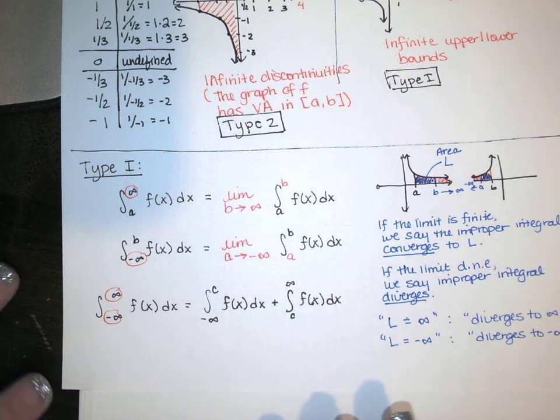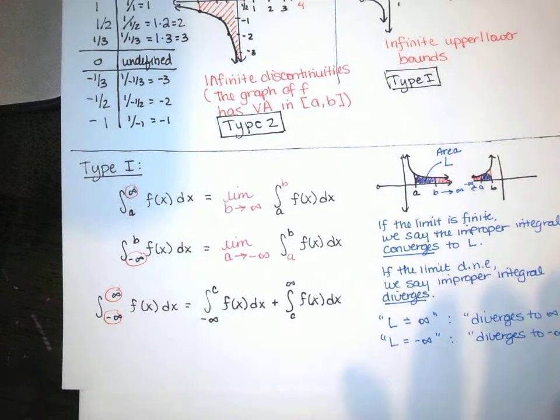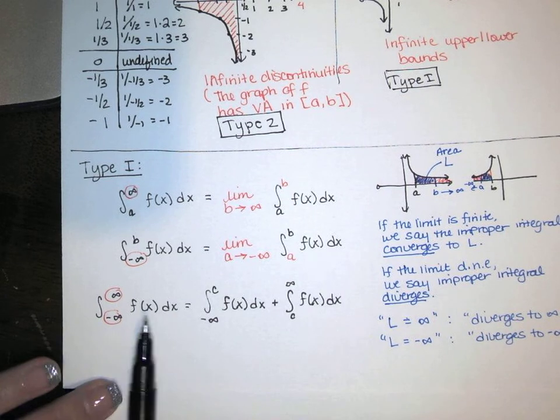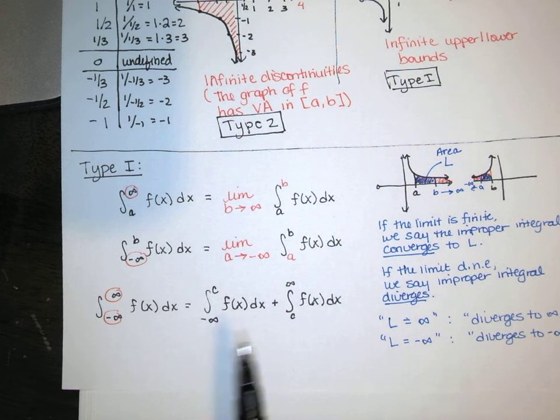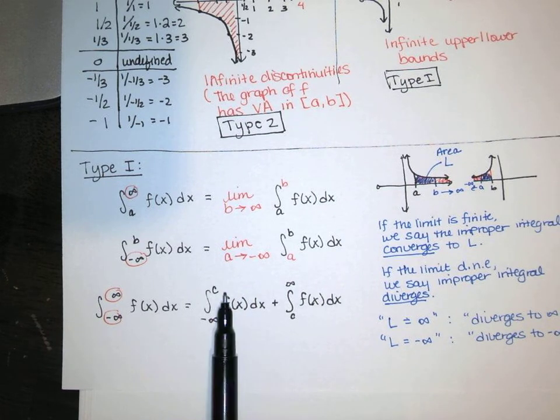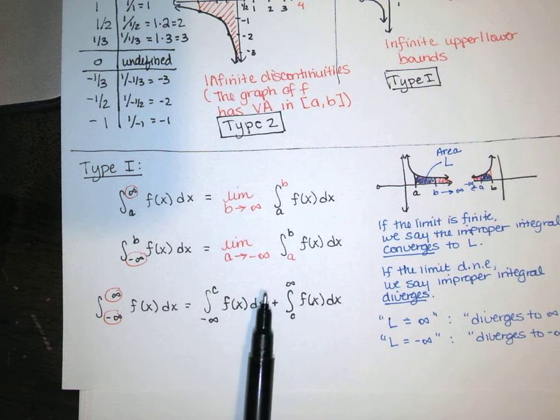Not in this class. There is something, a special value, the principal value of an integral, that they talk about in physics, where they let the negative infinity and the positive infinity cancel out. But mathematicians don't like that. They say, if this limit does not exist, then this one automatically does not exist.